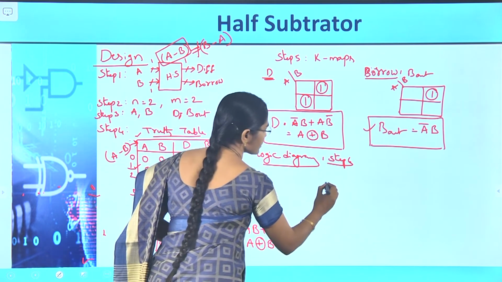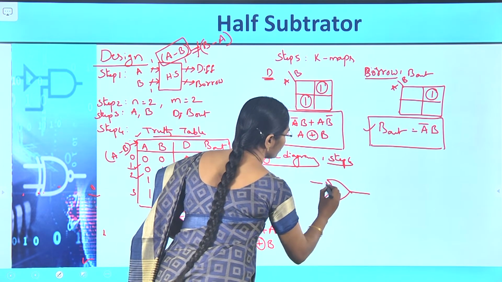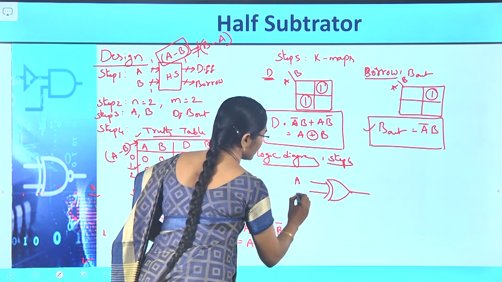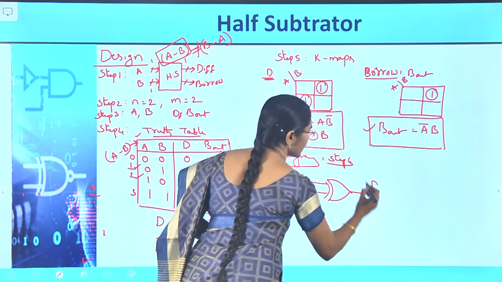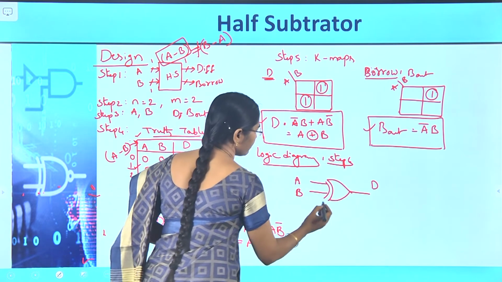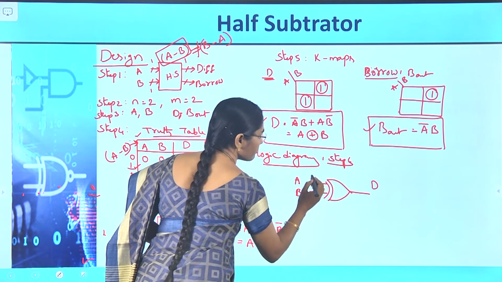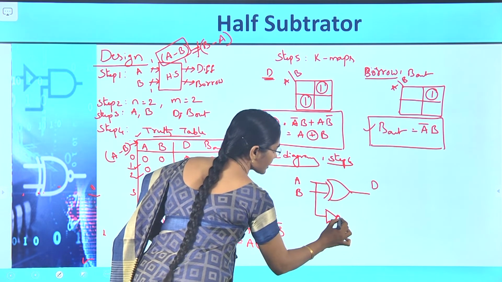Using the first expression, take an XOR gate with 2 inputs A and B, and the output is D. Then using the same inputs, for the borrow out, first A bar is required.